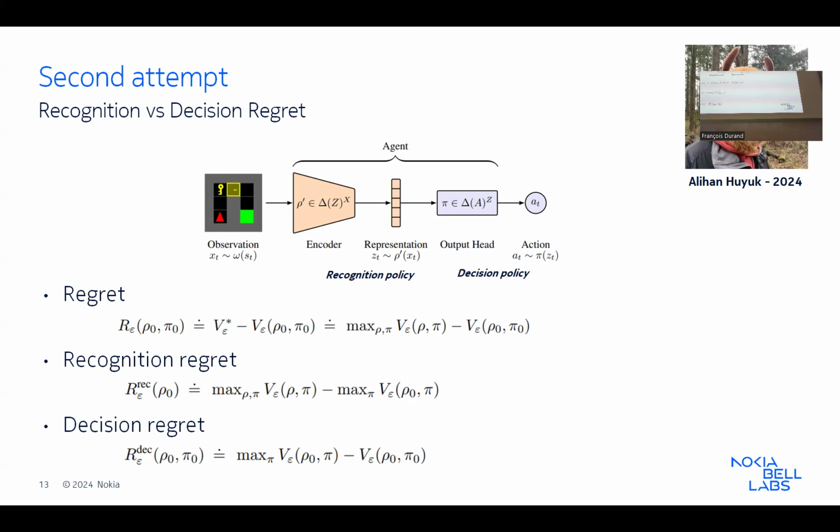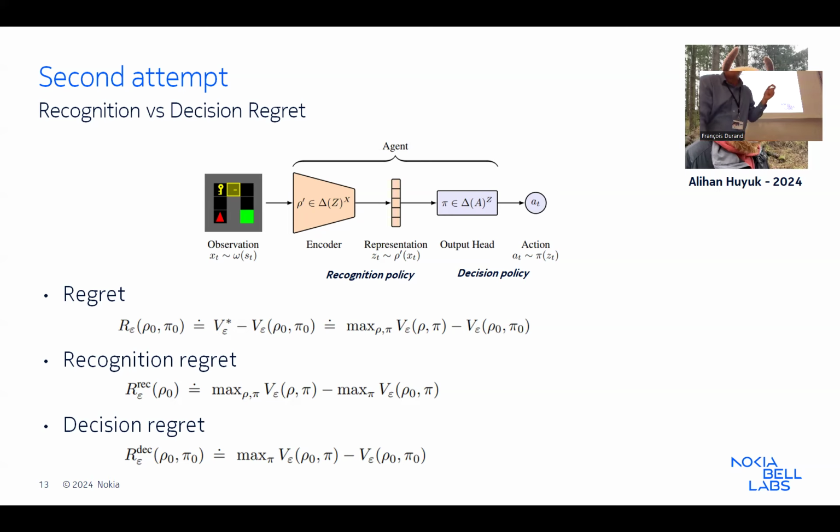And then the decision regret is going to basically say, what's the difference between our decision policy based on that recognition policy and the best decision policy based on that recognition policy? So that gives us a sense of how much the error comes from.